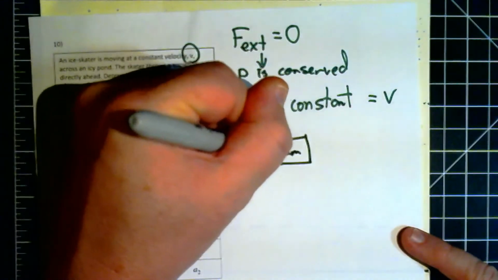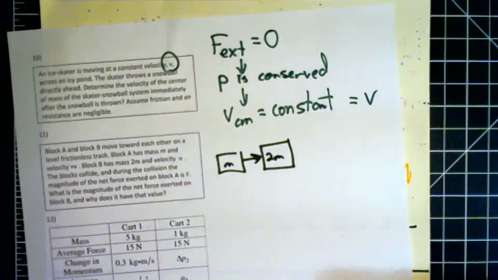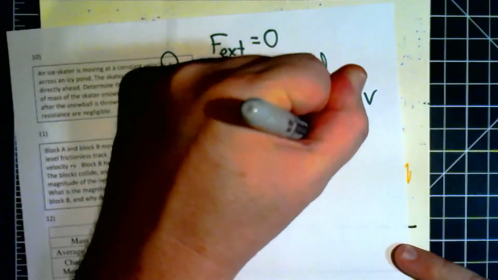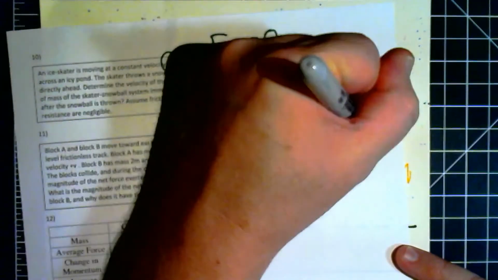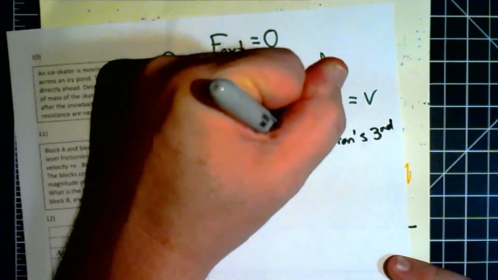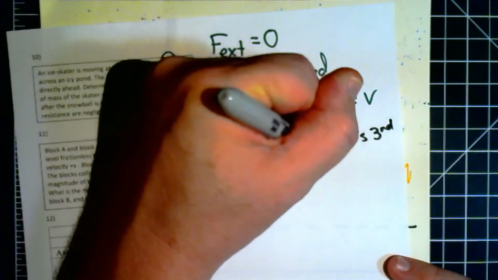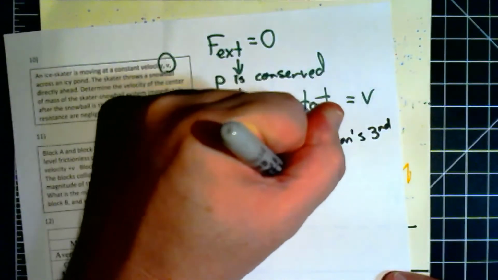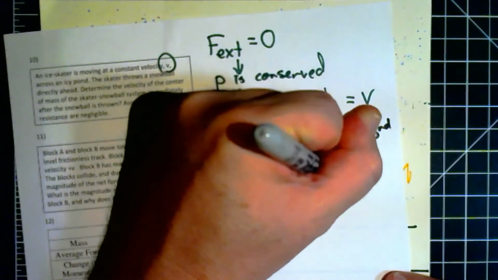When this thing hits the second block, there's an interaction, there's a force. And according to Newton's third law, regardless of what kind of collision you have, regardless of how much mass you have, you need to conclude that there's always an equal and opposite reaction.